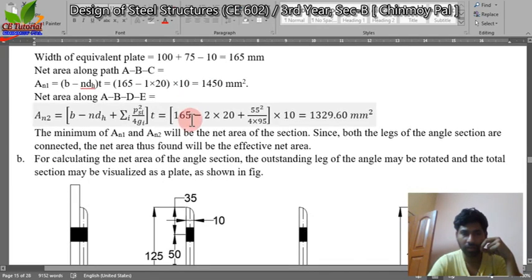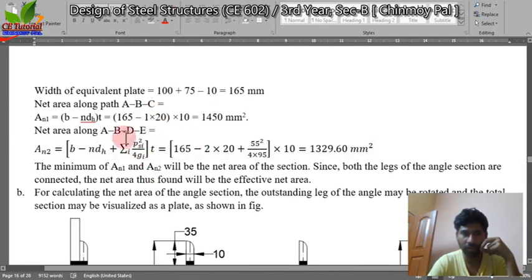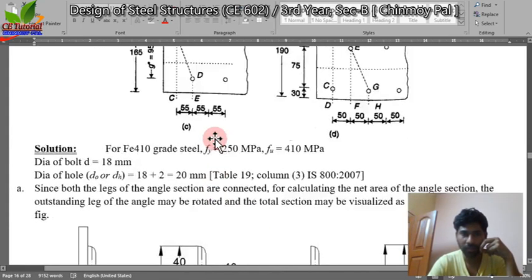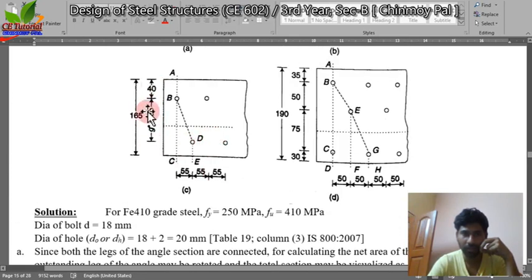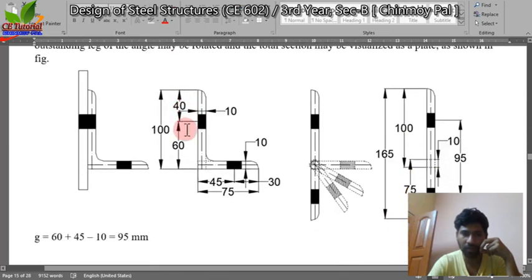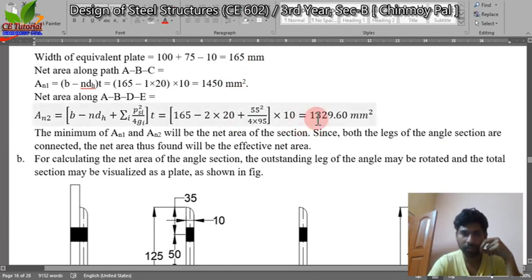And along the path ABDE, one diagonal is present here. So p squared by 4g into t will be there. So B minus nDh plus p squared by 4g into t for one diagonal. P is 55 and g is 95, also present in the figure. g is 95 and p is 55. So this is the area.